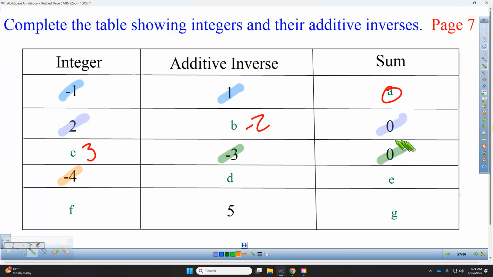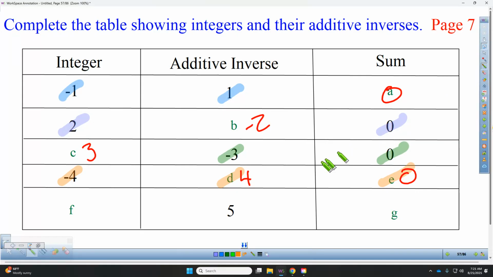Negative 4 plus what would equal what? So what are we trying to get here? So remember, we're trying to get a sum of 0. So negative 4 plus what would equal 0? 4.